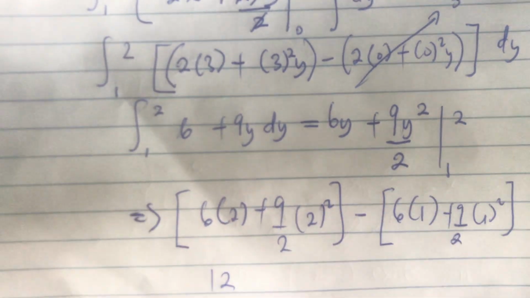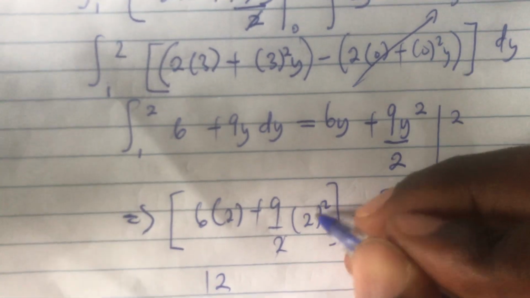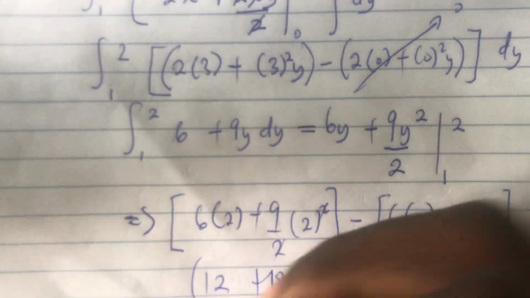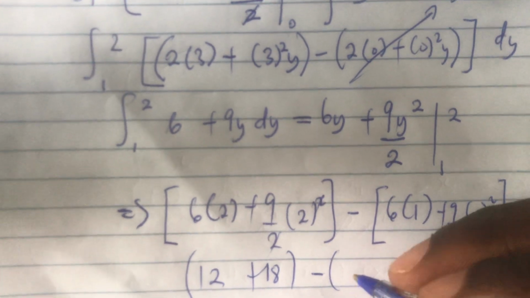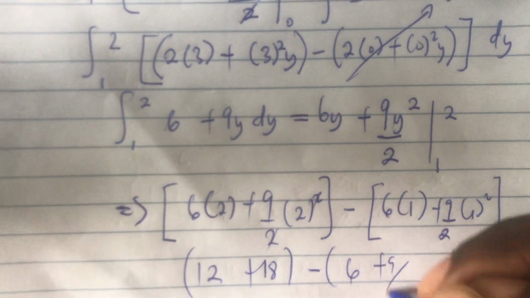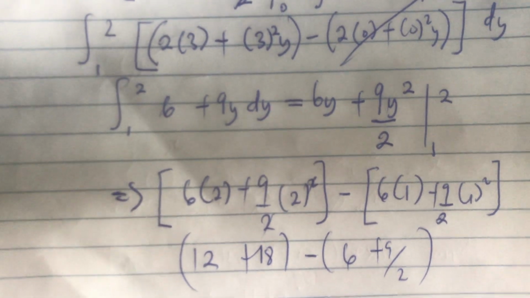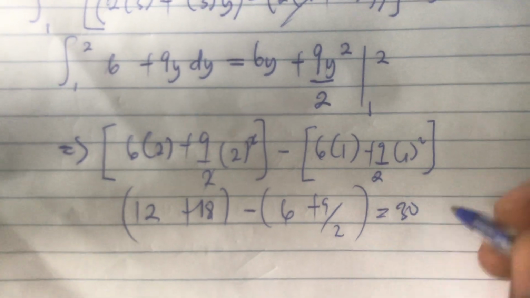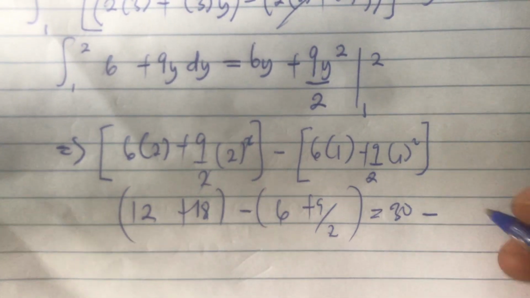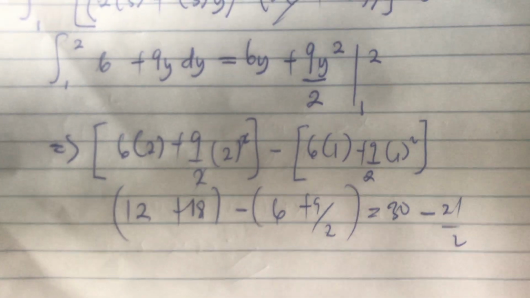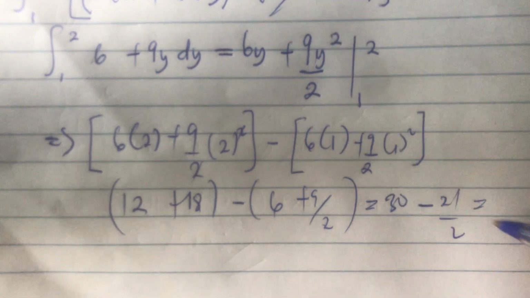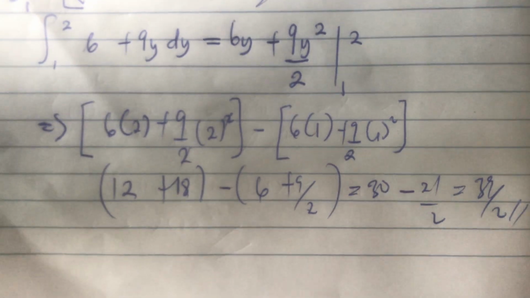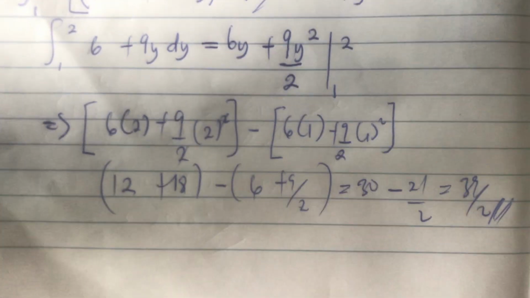So here you have 12, plus 18, minus, so you have 6, plus 9 on 2, which is, this will give you 30 minus 12, so you have 39 on 2. So this then becomes the answer for this particular question.